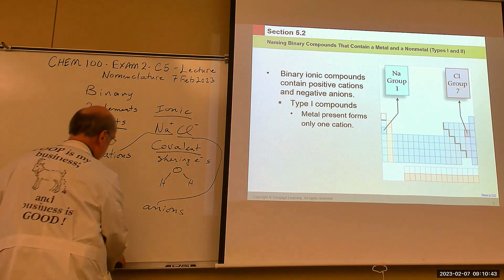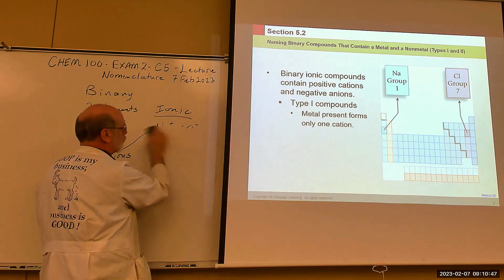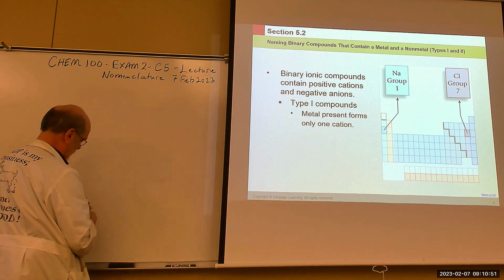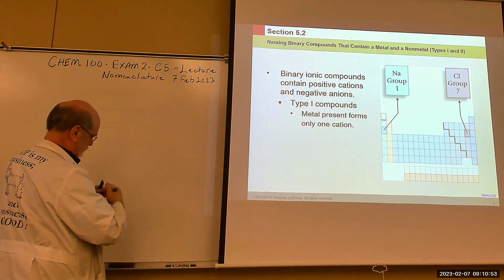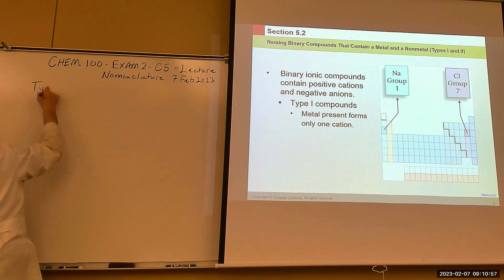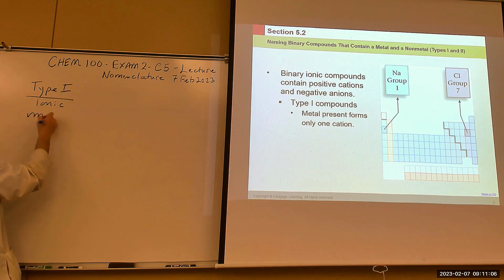Okay, now let's organize our rules for naming compounds. The type 1 compound is an ionic type compound of a metal and a nonmetal.